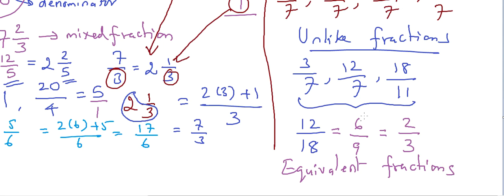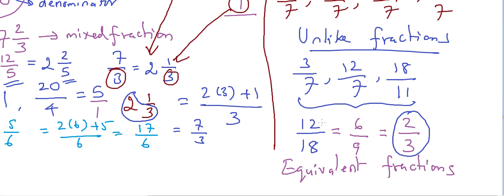Okay, so these are equivalent fractions because the values are the same but in a different form. And say 12 by 18, and so this in simplest form is 2 by 3, or in lowest terms. That means it cannot be reduced further.